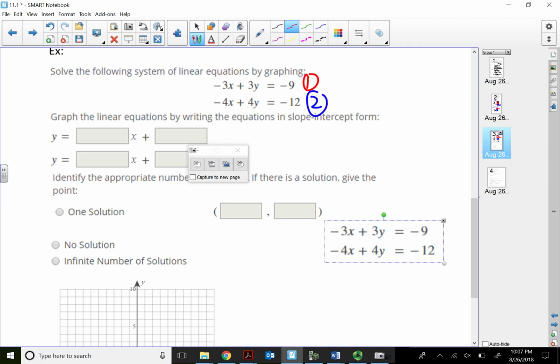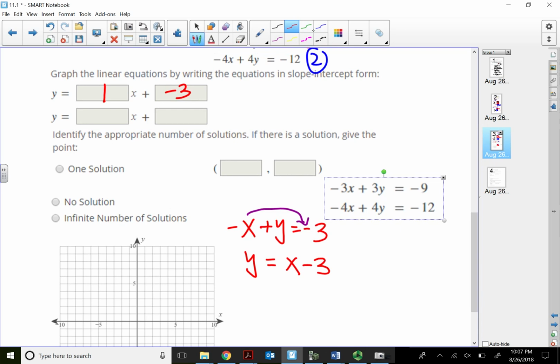So if I divide every term by 3, I get -x plus y equal to -3. Since my variable term is positive, I'm going to let it stay on the left side with the -x over. So now it will be y equal to 1x minus 3. So slope is 1x, y-intercept -3.